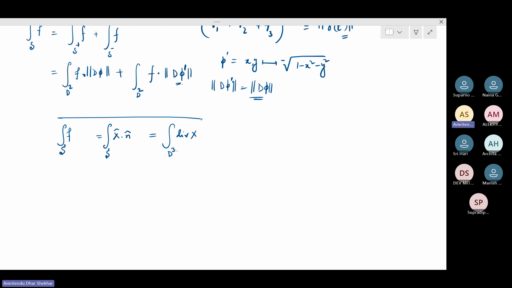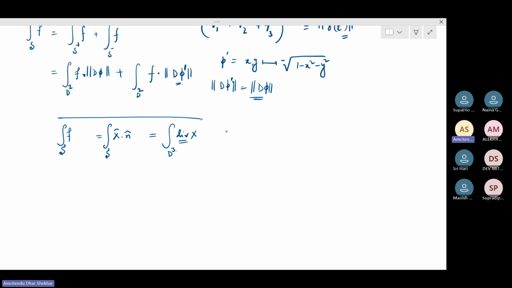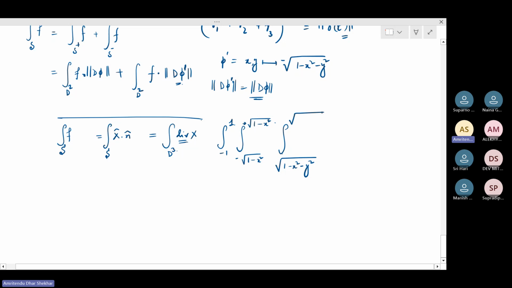Okay. So basically, just to tell you how to finish this integral, you'd write this integral as x varies from -1 to 1, y varies from minus the square root of 1 minus x squared to plus the square root of 1 minus x squared, and then z varies from minus the square root of 1 minus x squared minus y squared to the square root of 1 minus x squared minus y squared, okay?